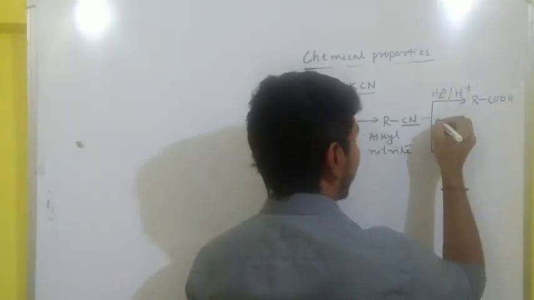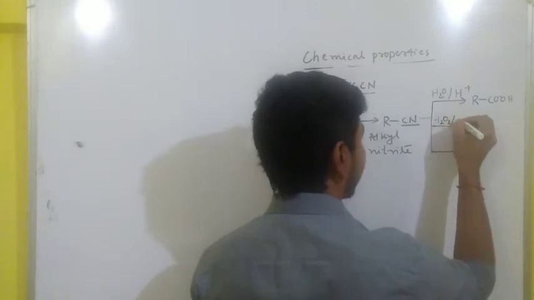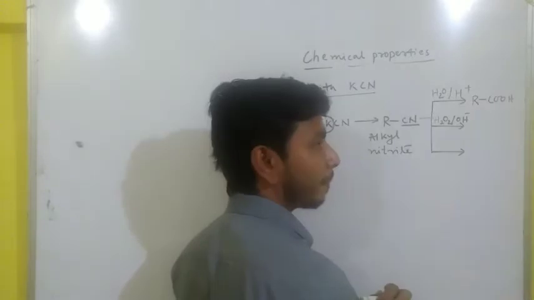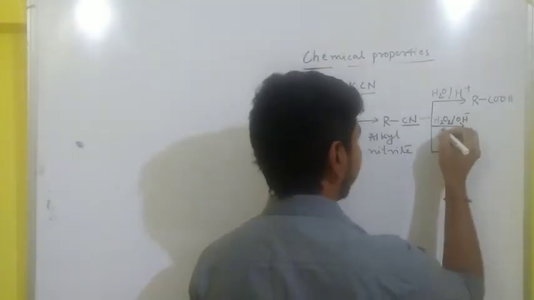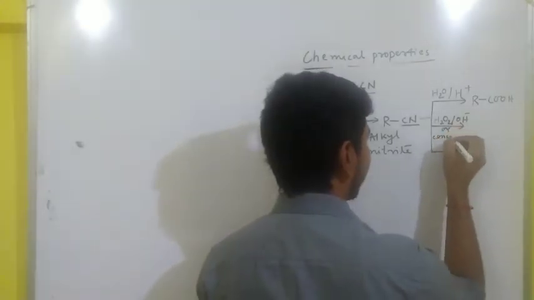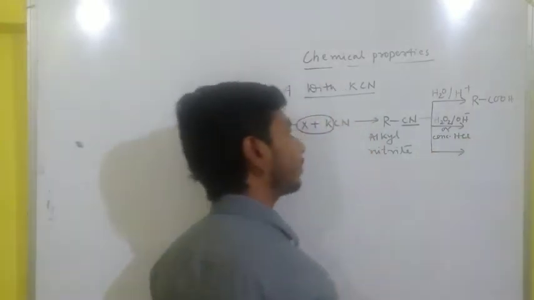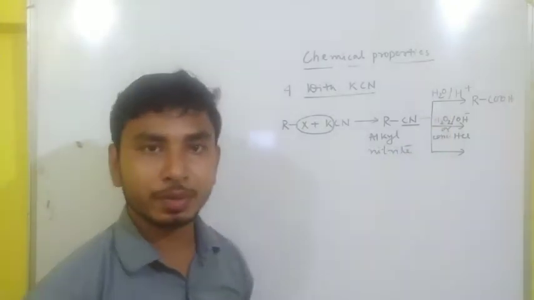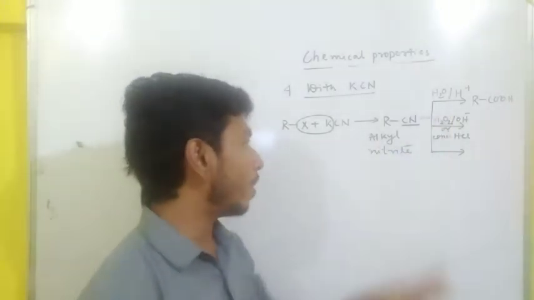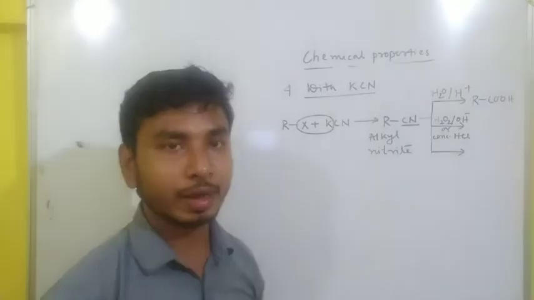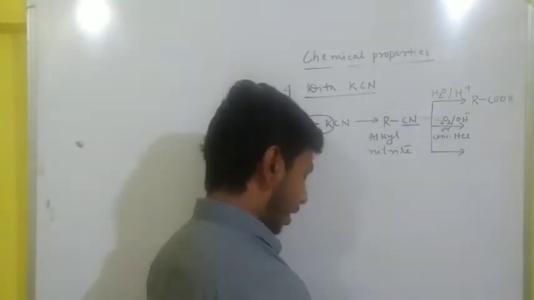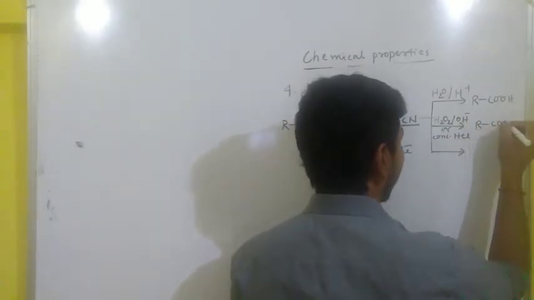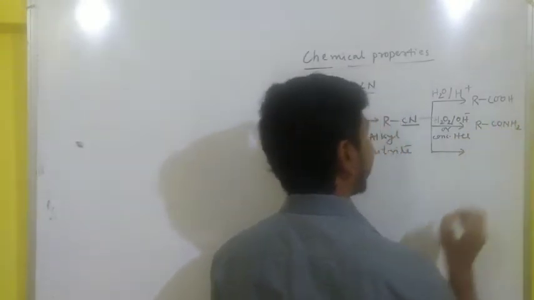Cyanide group upon partial hydrolysis, or treatment with hydrogen peroxide in presence of base, or concentrated HCl, is always converted to the amide group CONH2.